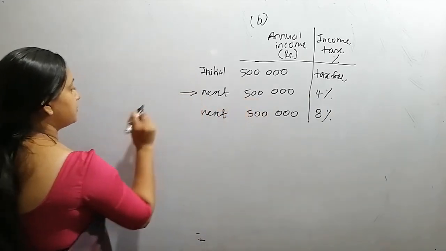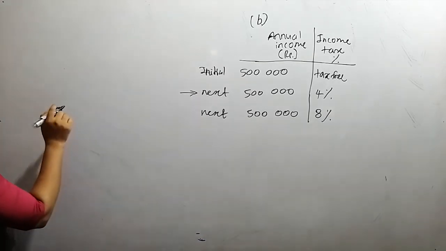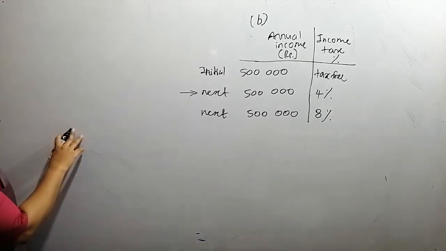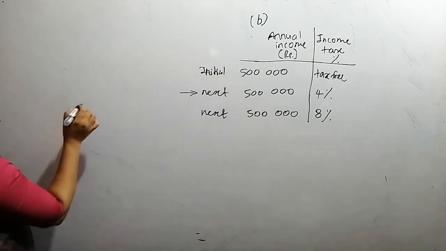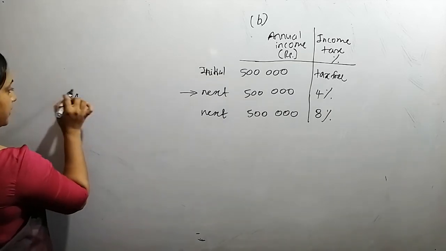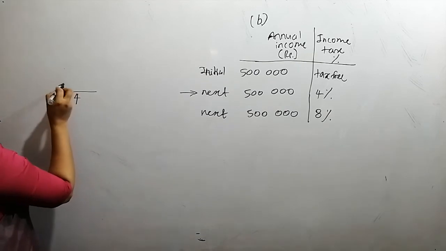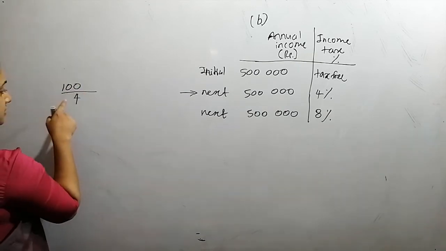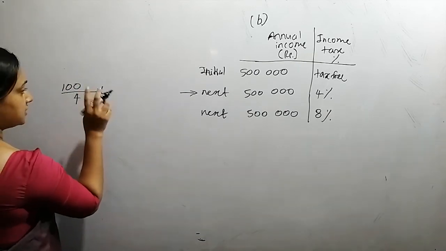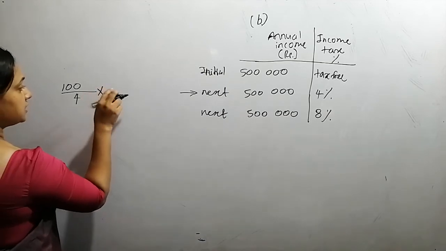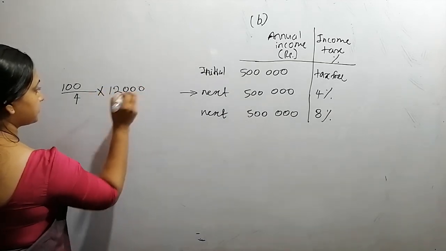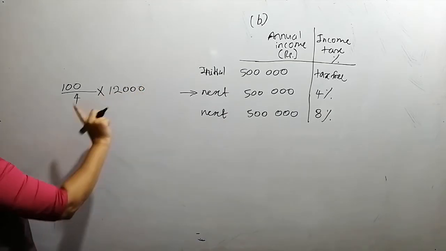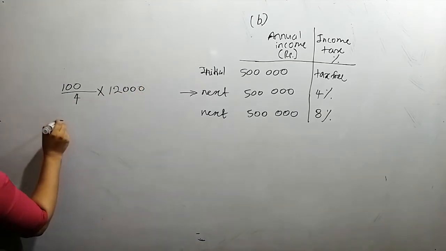That means if the income is 100 rupees, he has to pay 4 rupees as income tax. Then for 4 rupees the income is 100 rupees. And if the income tax is 12,000 rupees, what is the taxable income?